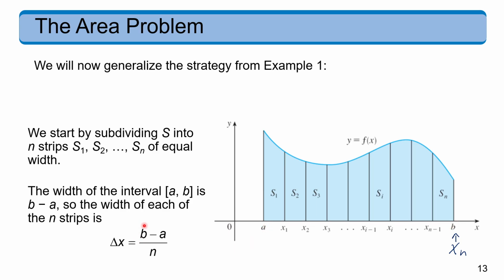So that's b minus a. And then we divide it by n to get n equal pieces, and this would be the width of each one of them. And the name we're going to give to that is delta x. So visually here, delta x is the width of each one of these, and again they're all the same, so they all have width delta x.